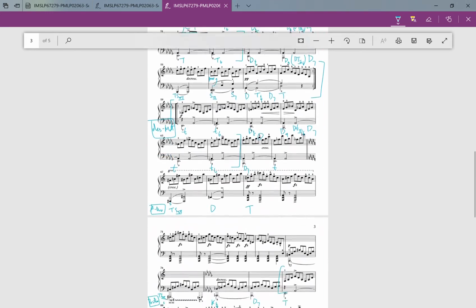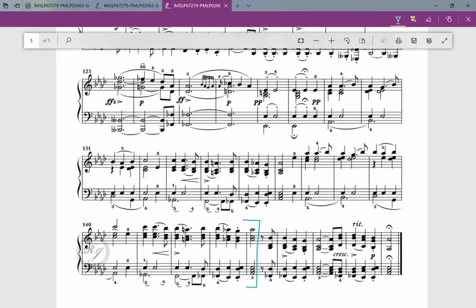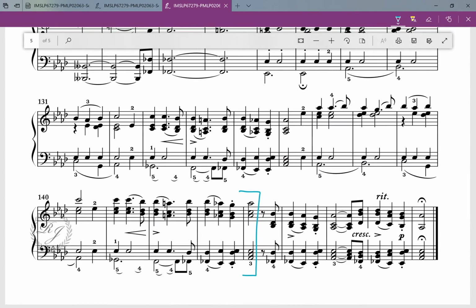So let's skip these. And if you recall, this is tonic here, and then we had a tonicization here, 4/3, and then this is dominant 7th, tonicizing towards chord 2, 6/4, cadential 6/4, dominant 7th, and then tonic.